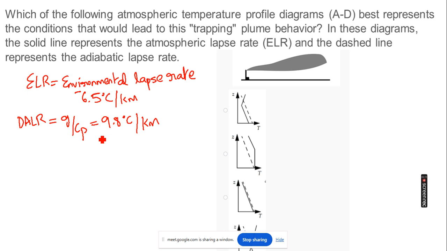This is in case of an unsaturated dry air parcel. If it is moving vertically in the atmosphere, what will be the rate at which the temperature decreases? That's what the dry adiabatic lapse rate gives. And then we learned about another lapse rate known as the saturated adiabatic lapse rate, whose value will always be less than the dry adiabatic lapse rate.